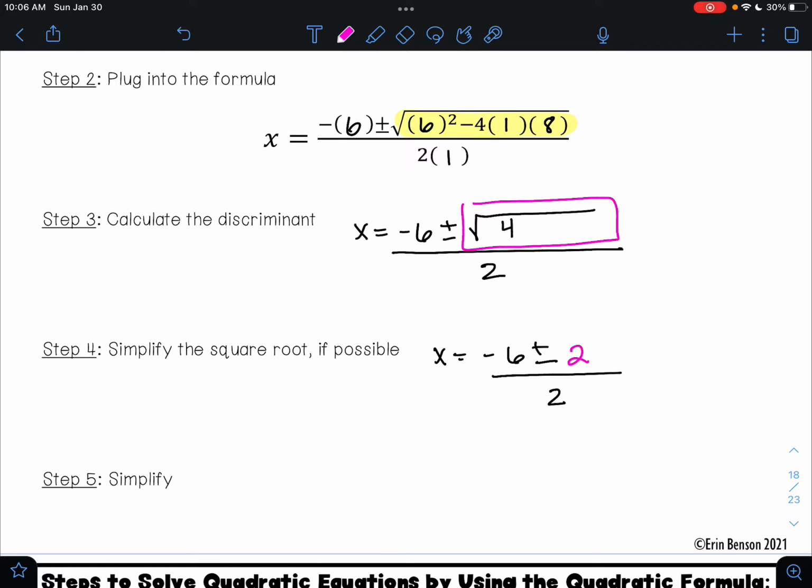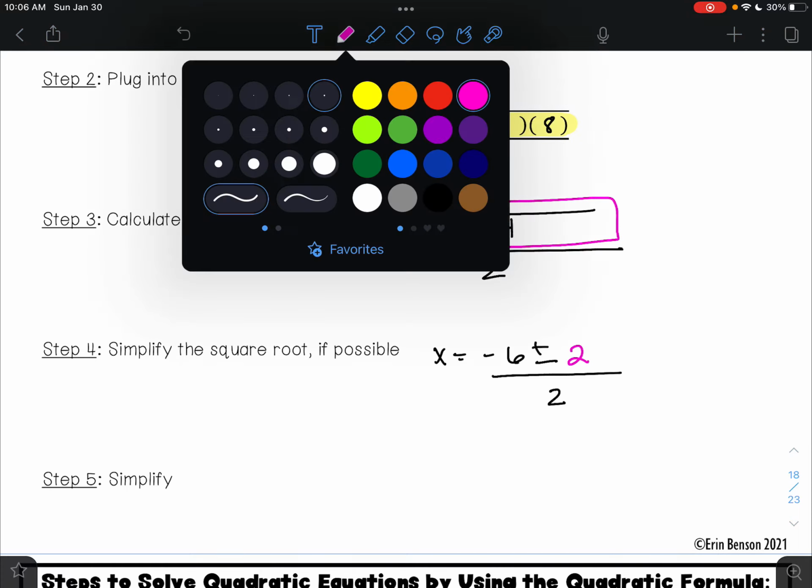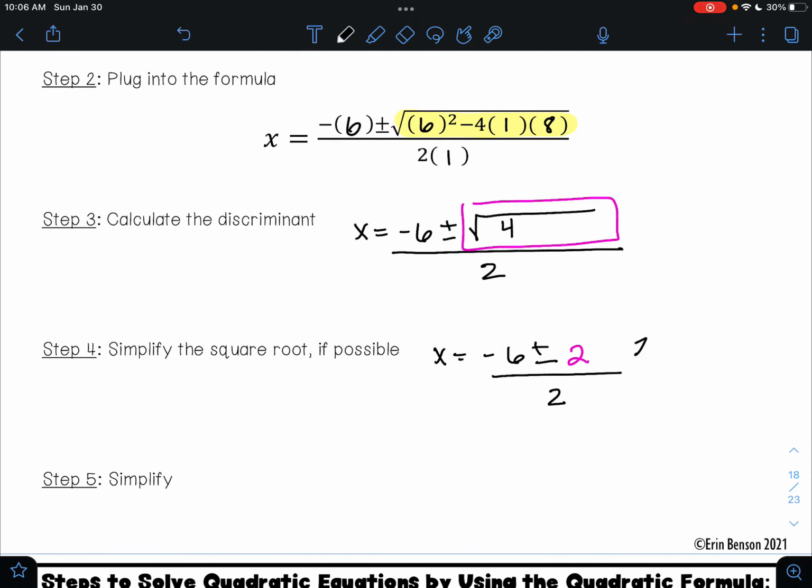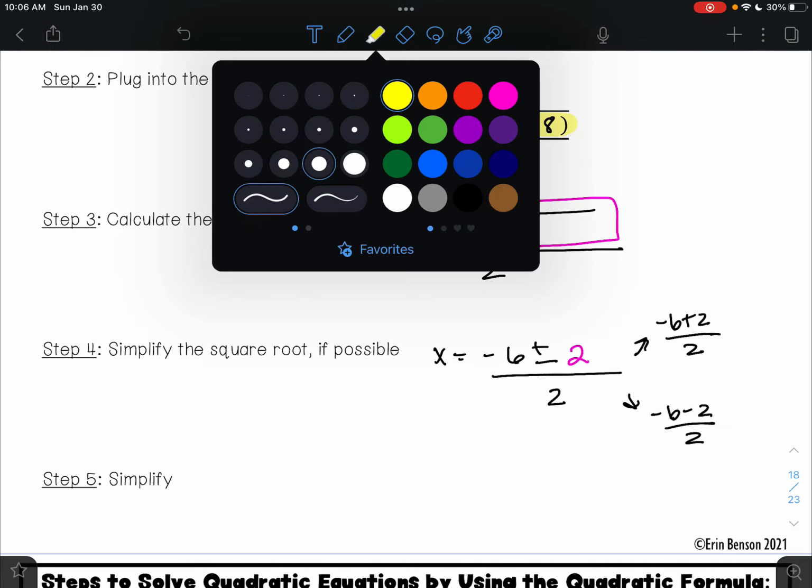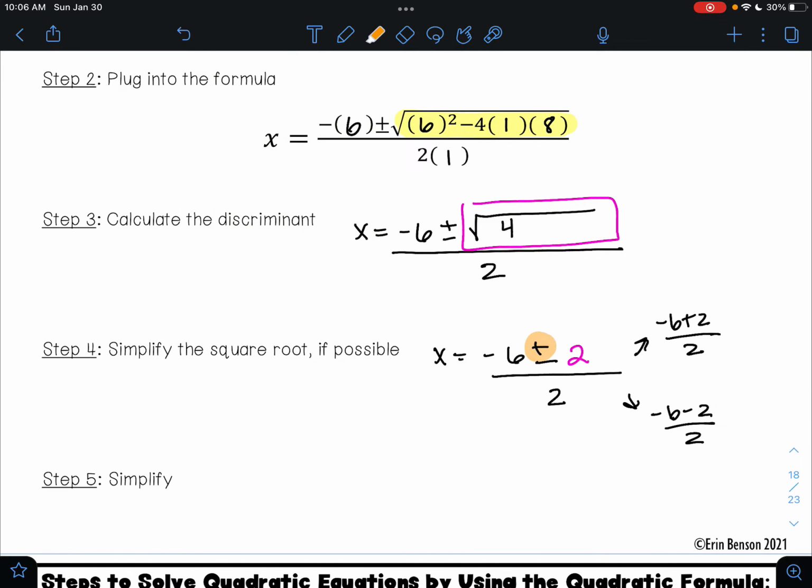Our final step is to simplify. From here, we have two different equations going on. We have negative 6 plus 2 over 2 and negative 6 minus 2 over 2. Again, we have one expression for the plus sign and another one for the minus sign. Let's go ahead and calculate these.